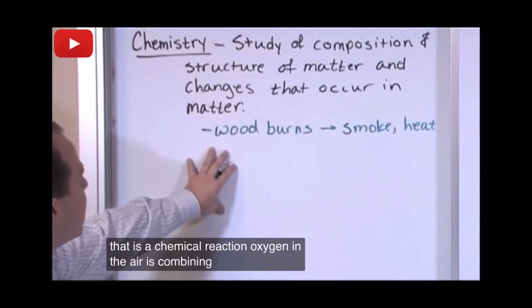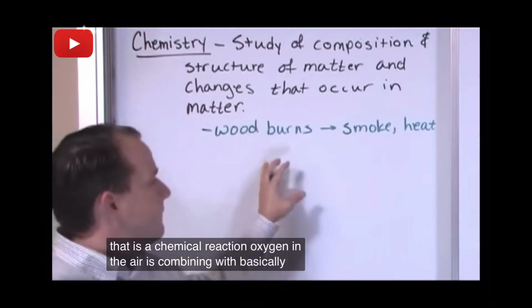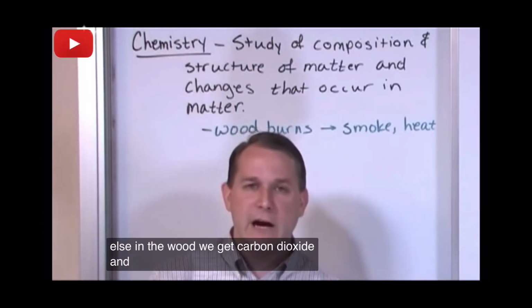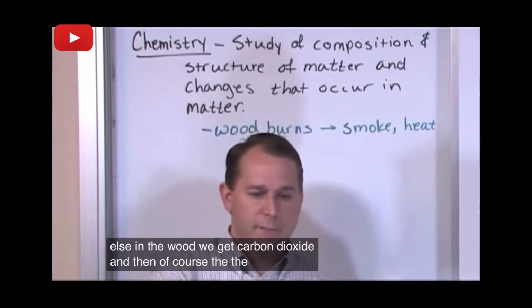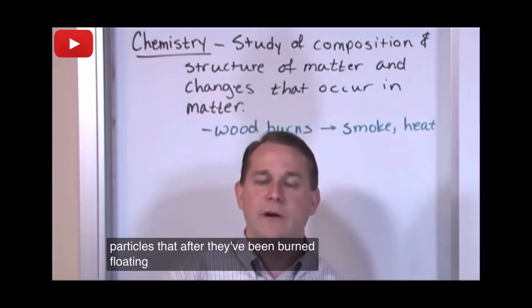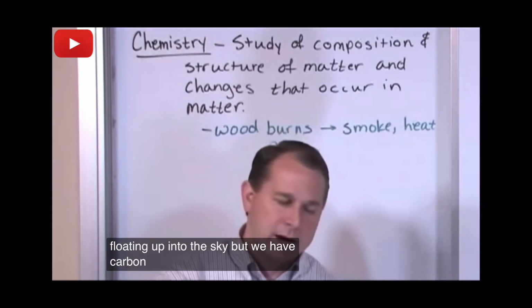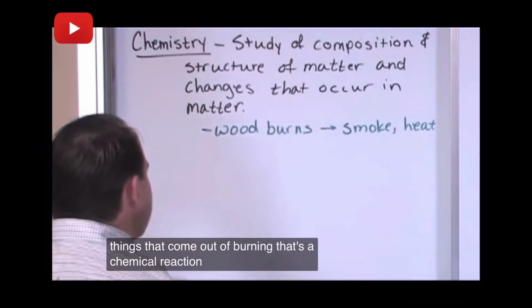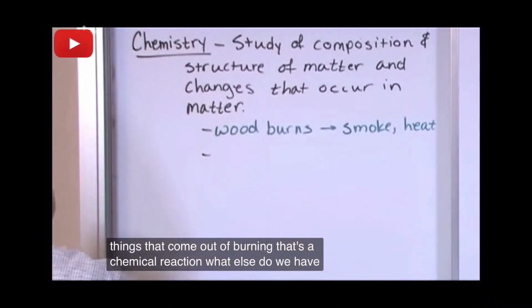Oxygen in the air is combining with the wood and everything else in the wood. We get carbon dioxide, and then of course the particles that we see, the smoke is just the little particles that have, after they've been burned, floating up into the sky. But we have carbon dioxide and a host of other things that come out of burning.